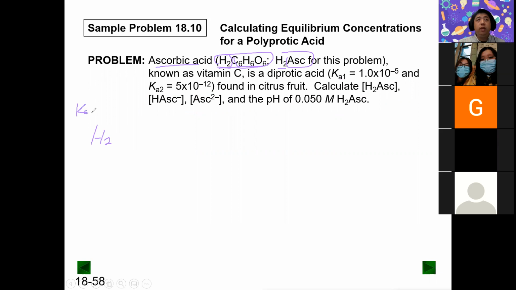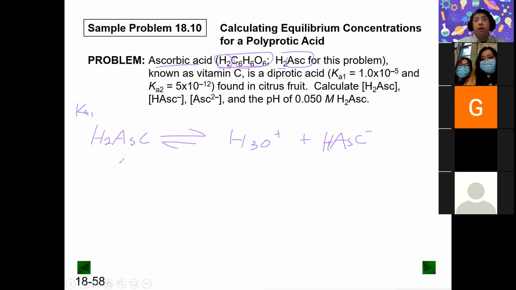This is the one with Ka1. So I have H2, and then I'm just going to write ASC for short. I'm not going to write this whole thing out. This will break up into H3O plus, like we usually have, and then HASC minus. We're only dealing with the first hydrogen here.